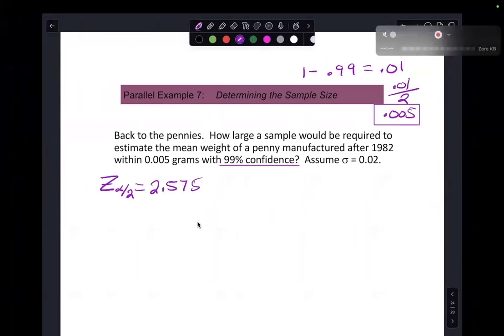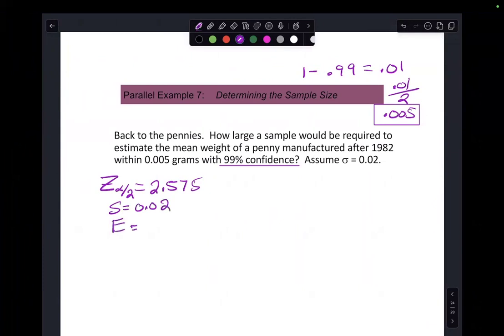Okay. So now I have the z-score. My S is 0.02. My margin of error, 0.005. So here's how we're going to set it up. N equals 2.575 times 0.02 divided by 0.005, squared.